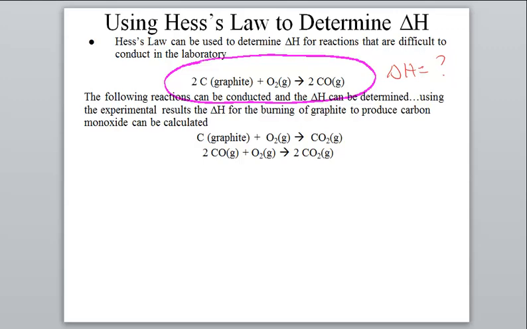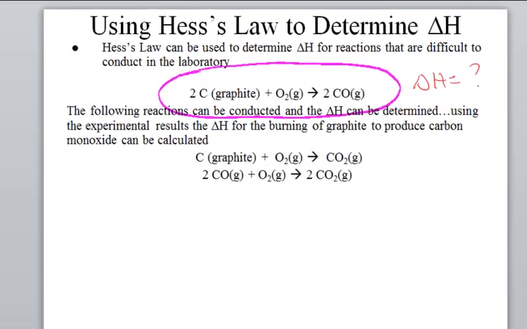If you had a series of reactions that you knew the delta H for, and that series of reactions, when added together, could give you the net reaction for the one you can't do experimentally, you could use those individual ones to figure out the net change. So let's state that a little clearer.